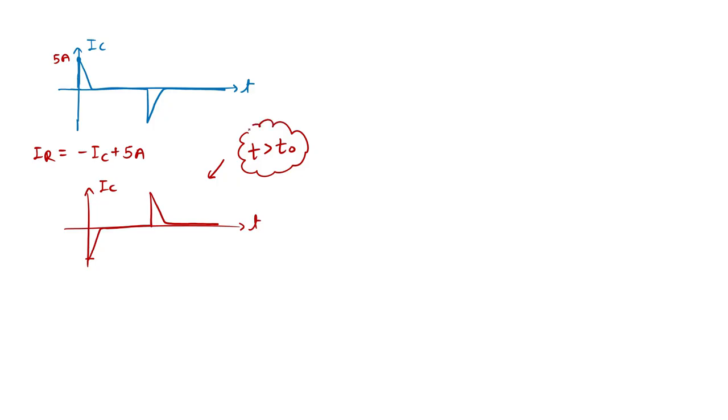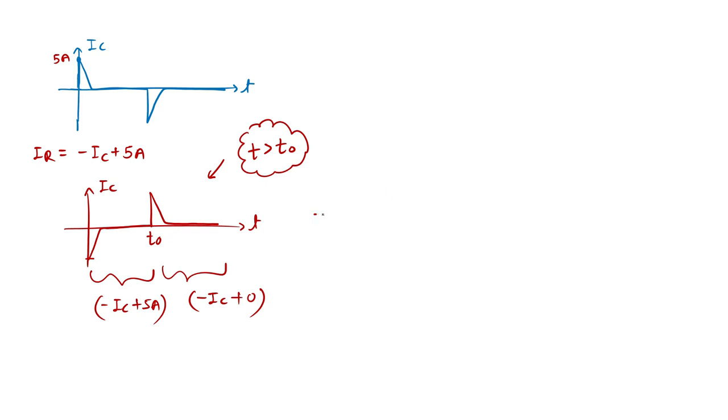My input is not present. So this plot will be minus IC, and it shifts with plus 5 ampere only until T naught, because my input excitation was present till this point. But after this, my input excitation is not there, so it is simply minus IC plus 0.